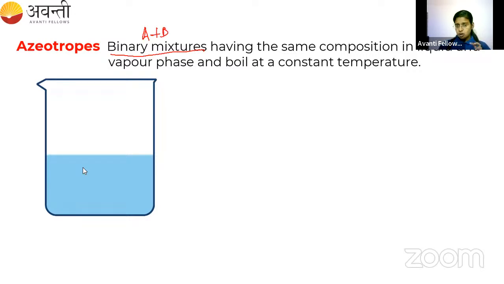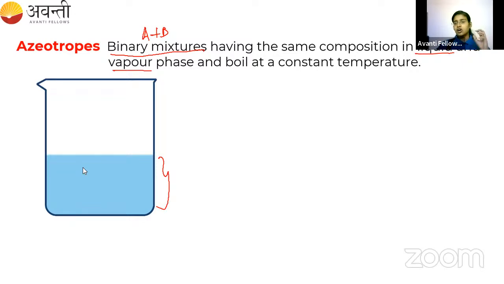Now this mixture has the same composition in liquid phase. So this phase is a liquid phase, no? The mole fraction of A and B in liquid phase is called XA and XB. And the mole fraction of A and B in vapor phase is denoted as YA and YB.